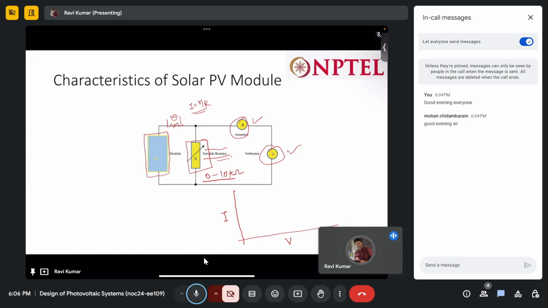At 0 resistance, the current will be maximum and the voltage will be 0, so you will get a point here corresponding to ISC. Then you will get some points here, here, like this. Then it will come this way. At this point, the resistance becomes very high and the voltage will be maximum, that is the VOC.